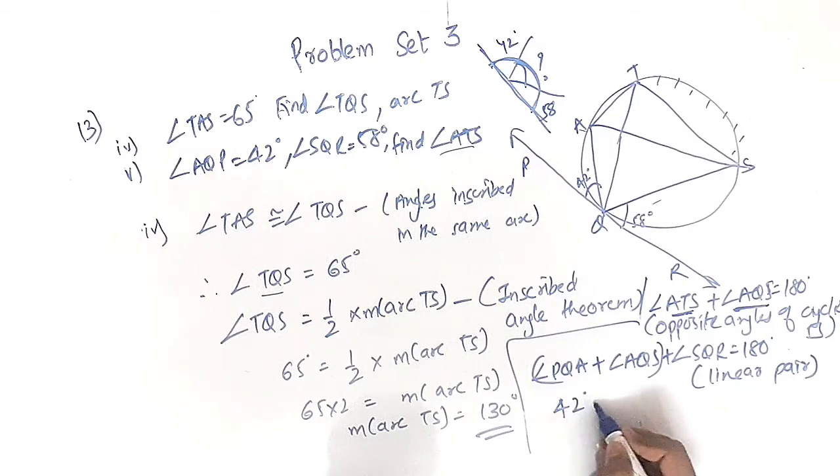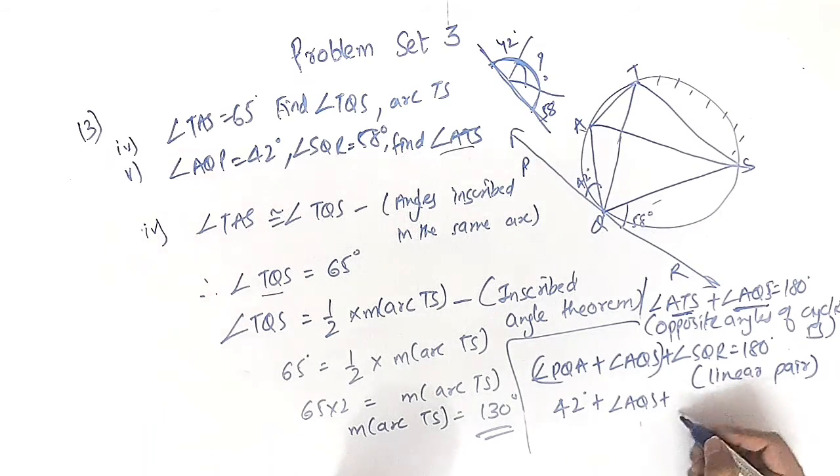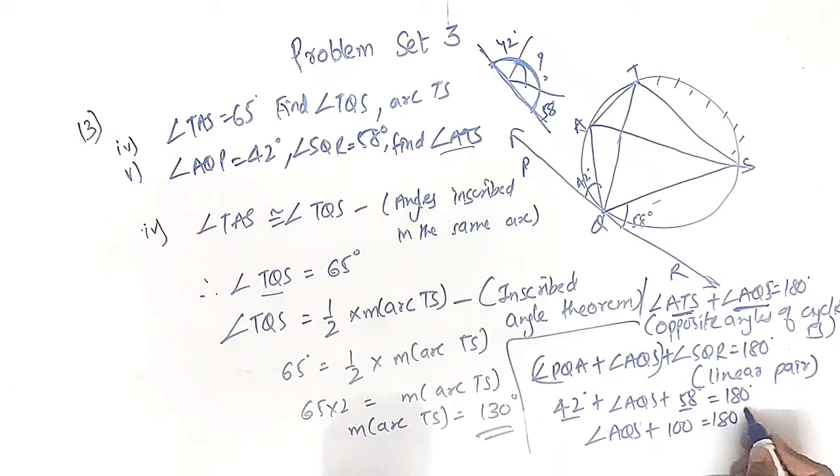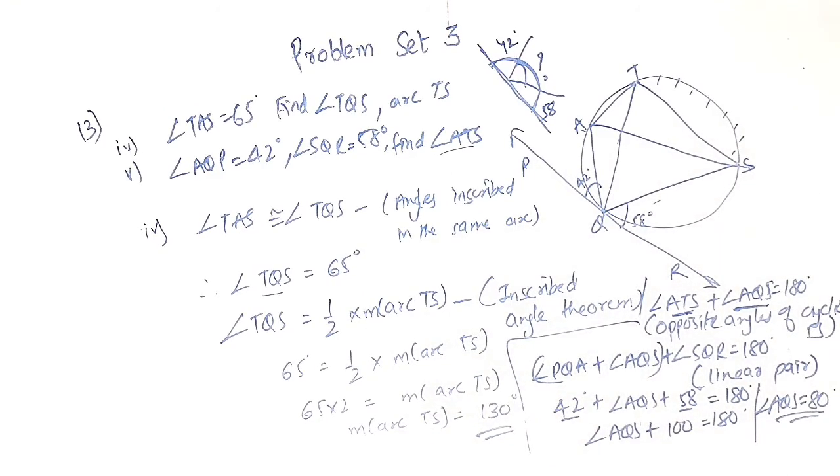PQA is 42, AQS you don't know, SQR is 58, equals 180 degrees. Now angle AQS plus 58 plus 42, how much? 100 equals 180. So you got AQS equals 180 minus 100, which is 80 degrees.